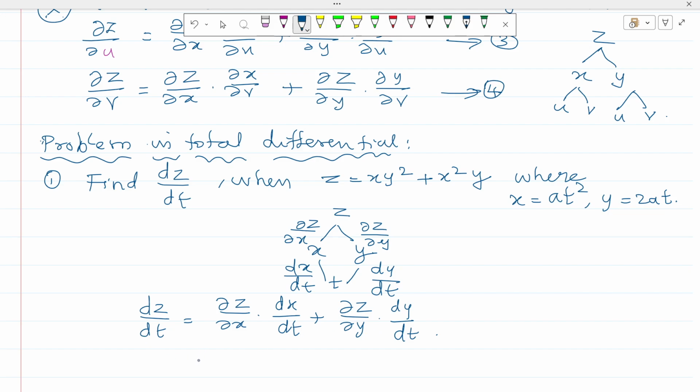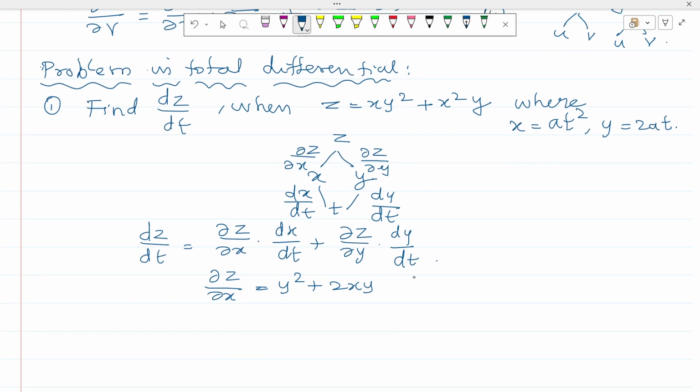So what is dou z by dou x? Z is xy square plus x square y, na? Dou z by dou x is y square plus 2xy. Dou z by dou y is 2xy plus x square. When you differentiate with respect to x, you have to keep y as constant.